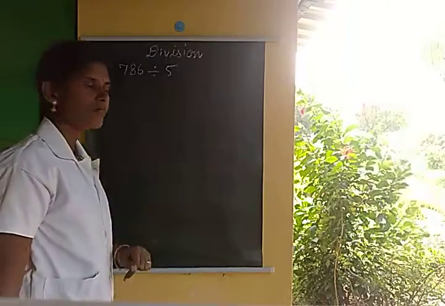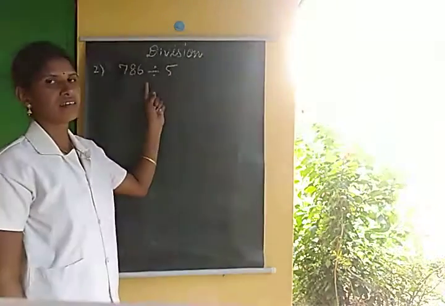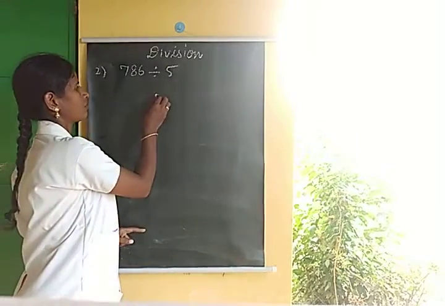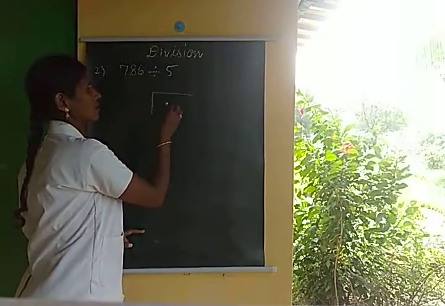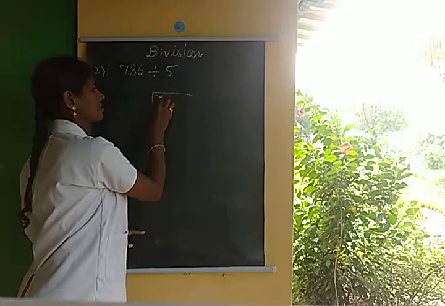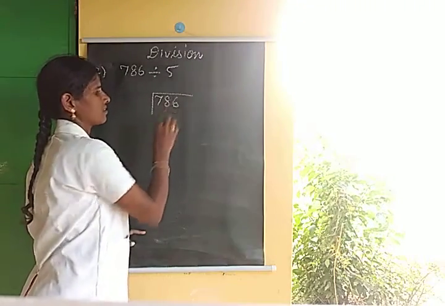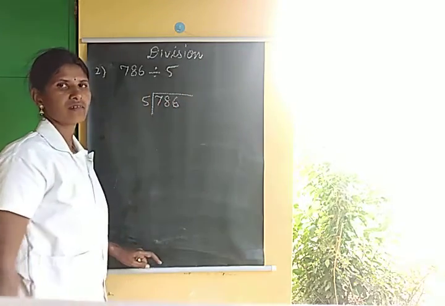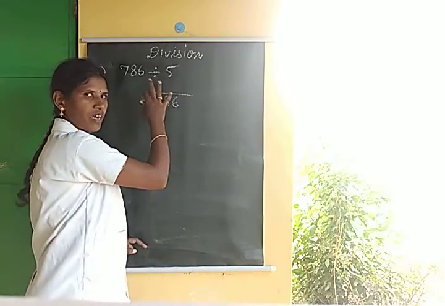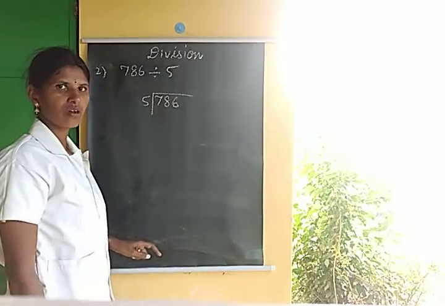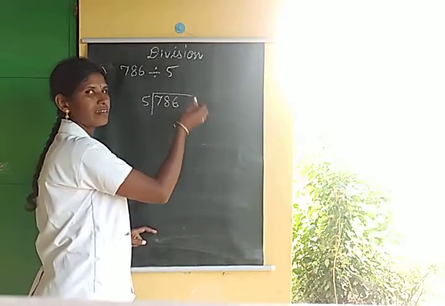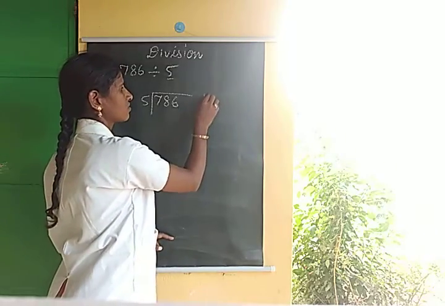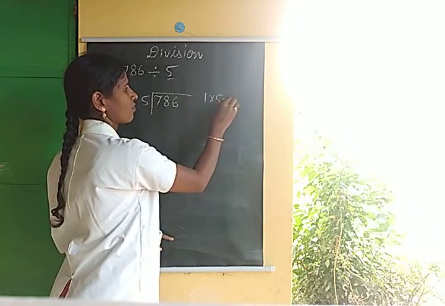Next is the second sum. 786 divided by 5. As usual, we have to write 786 inside as the dividend. This 5 we have to write outside. First step we have to write like this. Then start to write the table. Which table do we have to write? The fifth table. So 1 5 is 5.